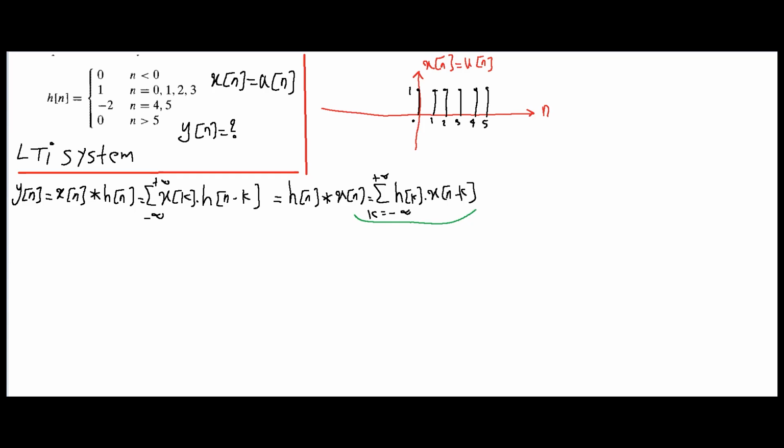As you can see in the problem, the impulse response is equal to 1 from 0 to 3, and for 4 and 5, it's equal to minus 2. Then we can write the summation from k equal to 0 up to 5, and then we substitute k in the expression.